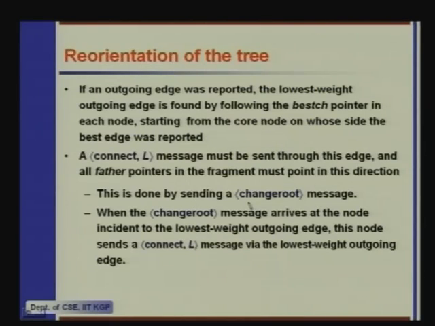So, after the connect message is sent, the node sending the connect message starts by initiating a wave with the change route message, and the change route message actually changes the orientation of that entire fragment to point towards the new core edge.